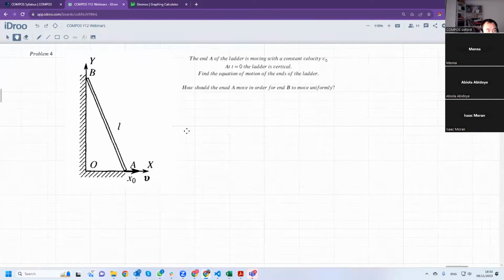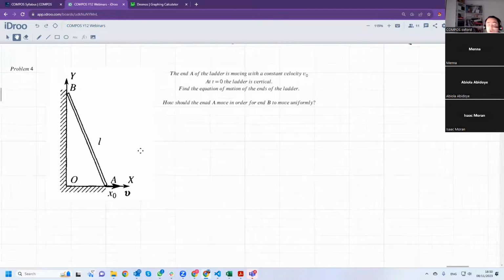The biggest point I was trying to make with your assignment 2 is for you to learn what an equation of motion is and how to use equations of motion. An equation of motion shows you the position at any given moment of time.